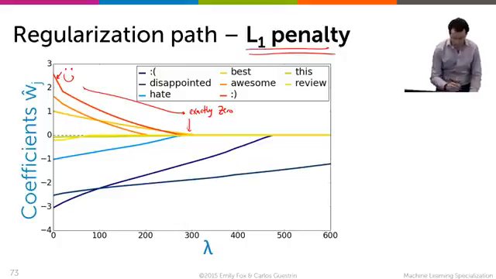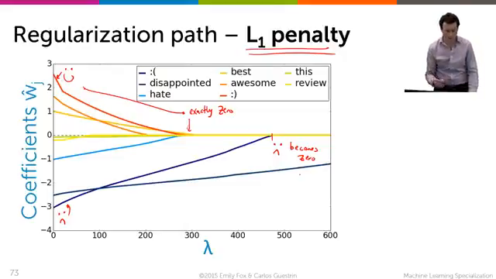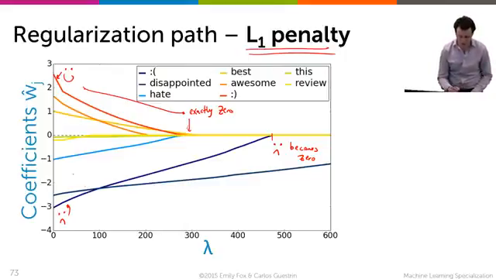Similarly, the coefficient for the frowning face is a large negative value, but eventually over here it becomes 0. So it goes from large all the way to exactly 0. And we see that for many of the other words. For example, in the beginning, the coefficient of the word hate is pretty high, and that's a pretty important word. But around here, hate becomes irrelevant.